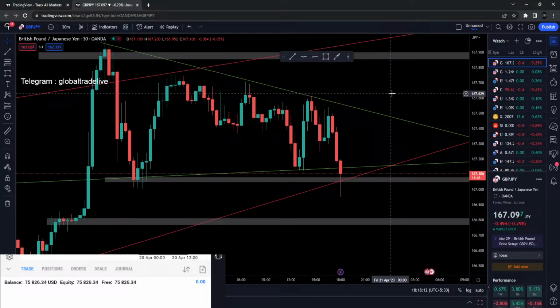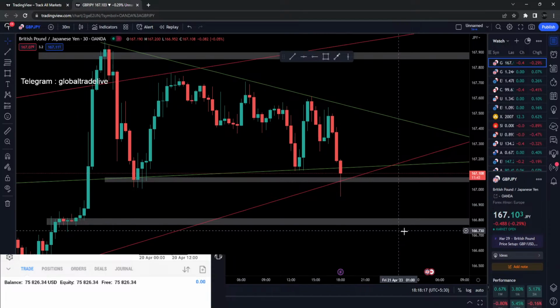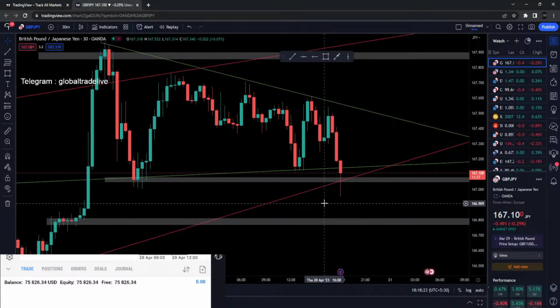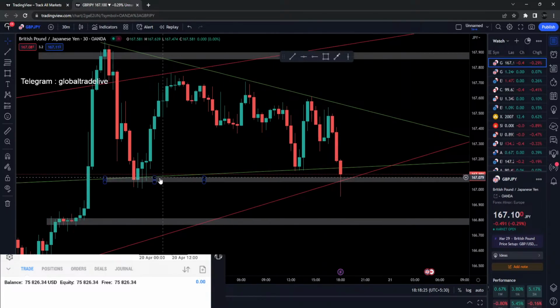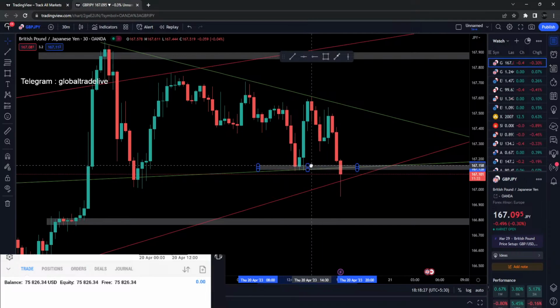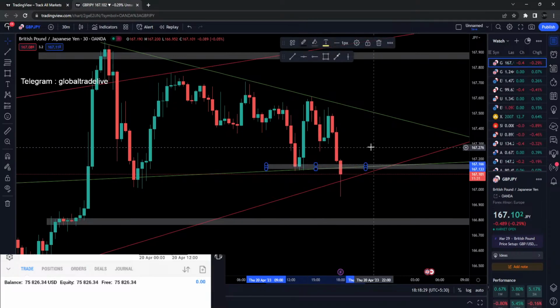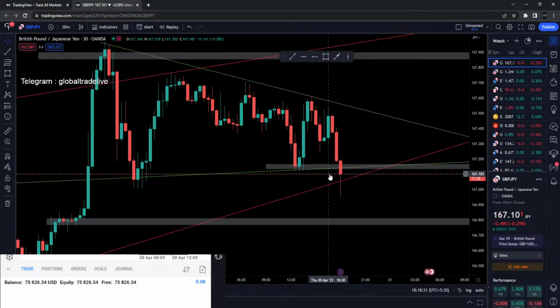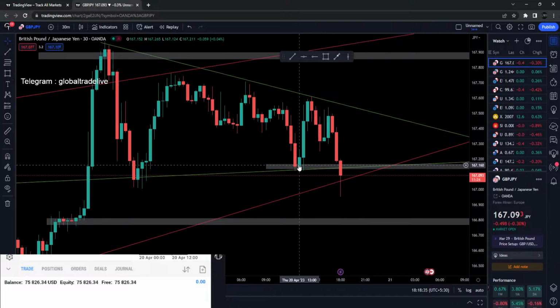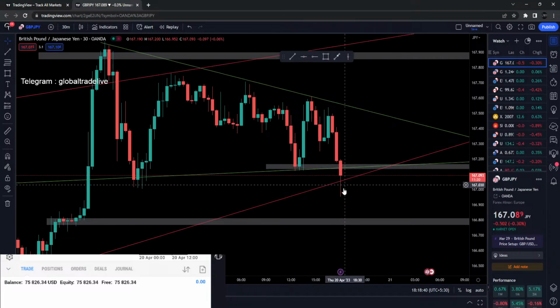Guys, you don't really have to confuse yourself with so many trend lines. Just draw some good channels and execute your ideas according to those channels. Yeah, actually now it looks fine. There was a support, the market came down, broke this support, and now it's rejecting.